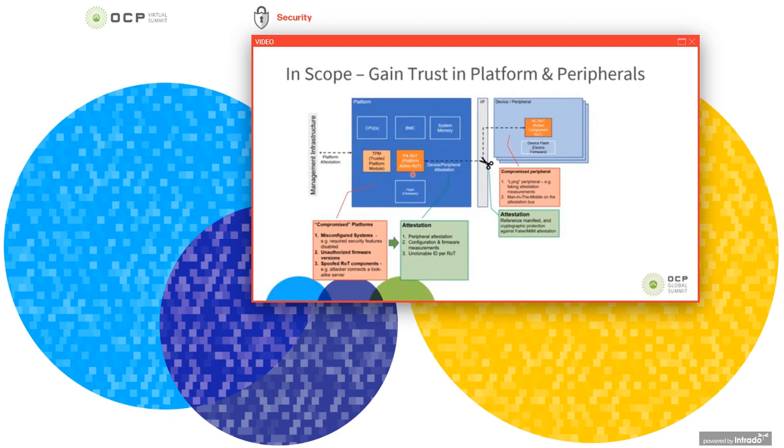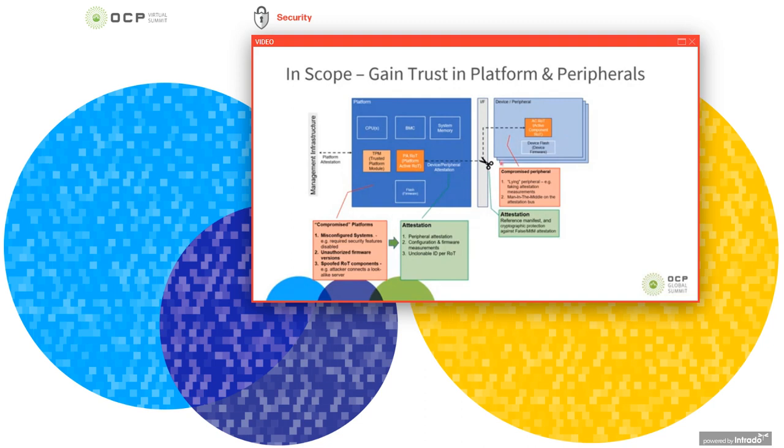Just like we've talked about platform and then about devices, when we talk about peripherals, they need to attest to the platform. And there could be several threats here. There could be a device or peripheral that basically lies, tries to give some fake measurements.